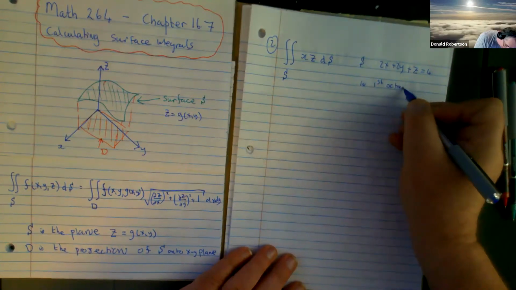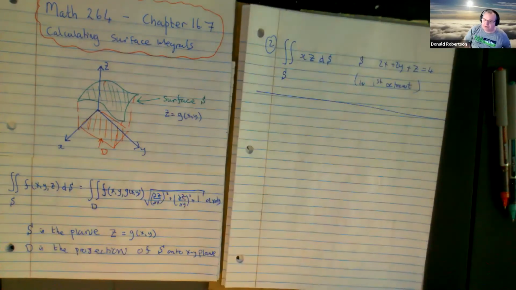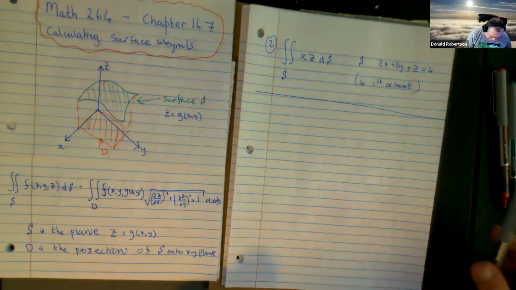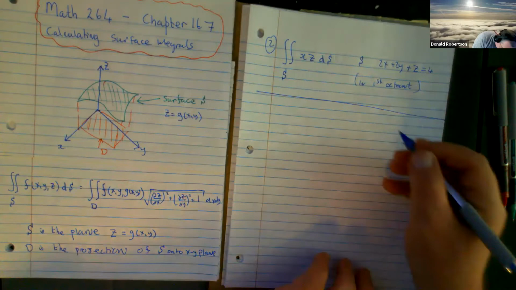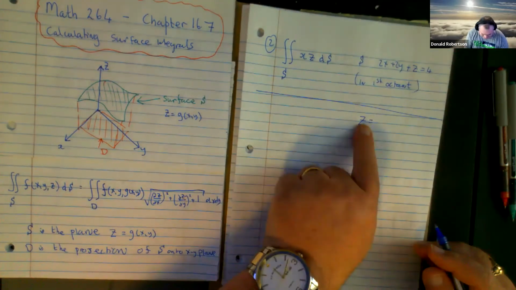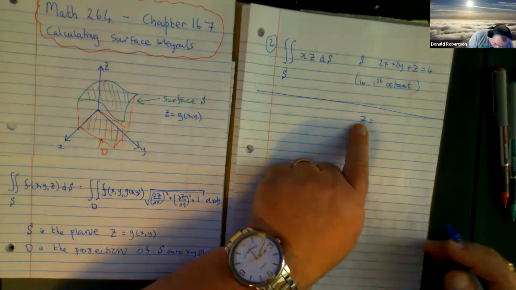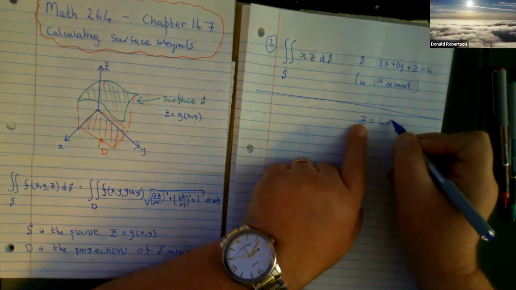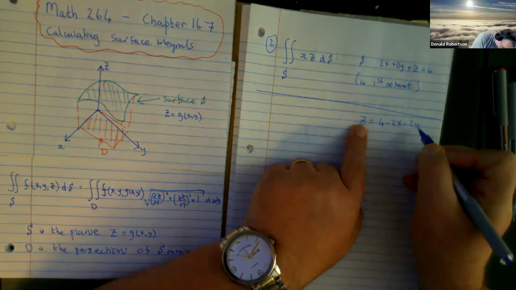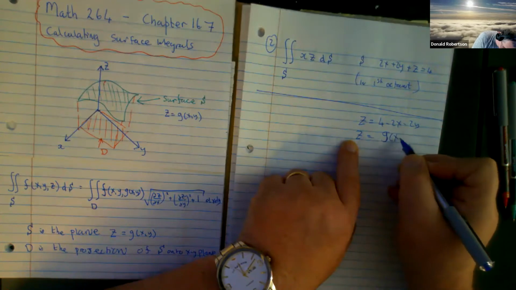So there's going to be a lot more work we can do before we are ready to set up this integral. For instance, I need to know what the surface looks like as z equals. So if you take this fella here and you want to do it as a z equals, won't you have to subtract 2x and 2y from it? So I've now got the guy we call g of x y.